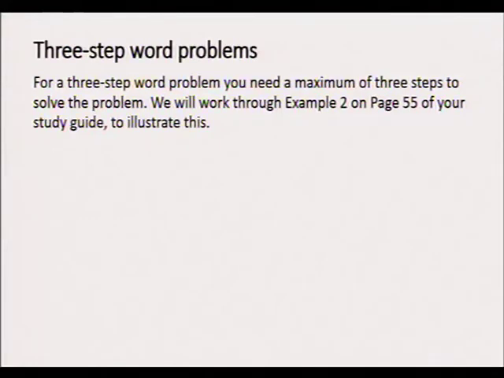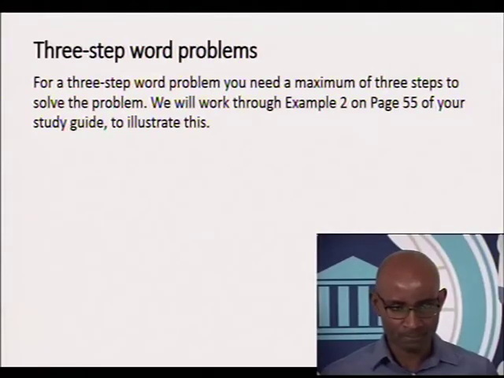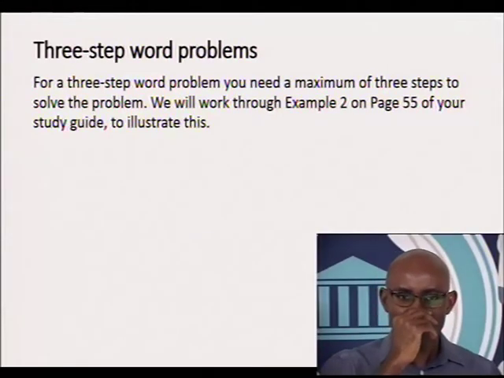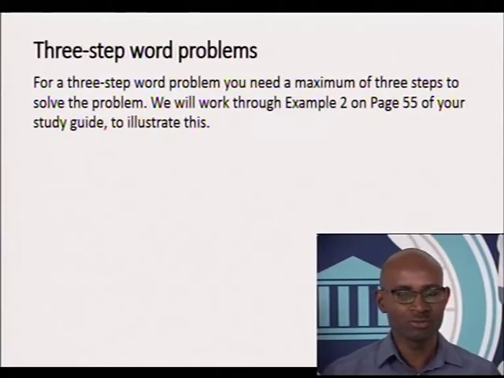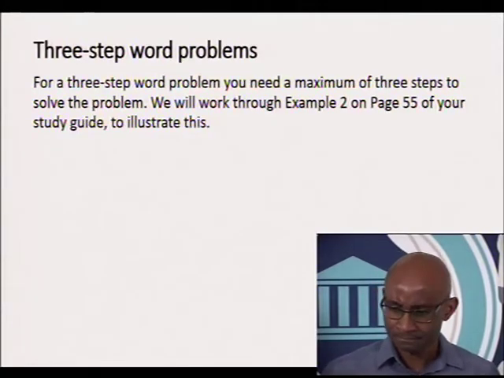Okay, so by maximum we mean you can do it in 1 step, you can do it in 2 steps, but maximum you should do it in 3 steps. You should not take more than 3 steps. And to illustrate this, we will use example number 2 on page 55 of your study guide, just to give an illustration of solving such problems.